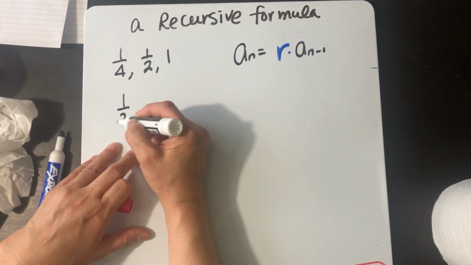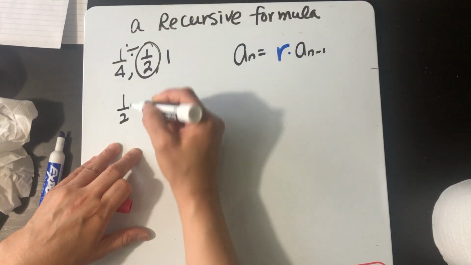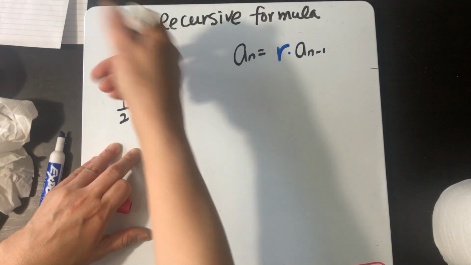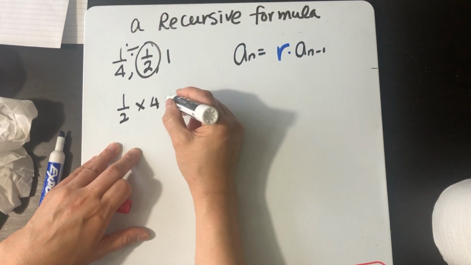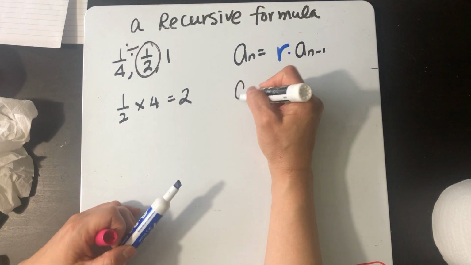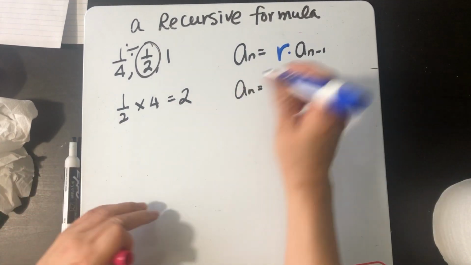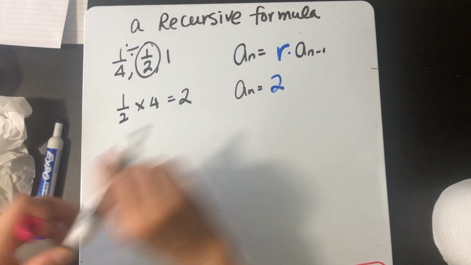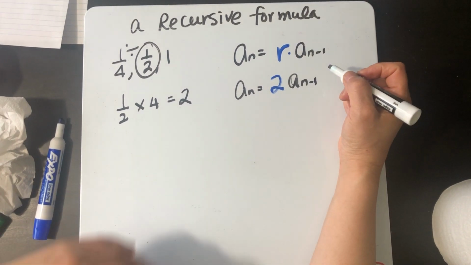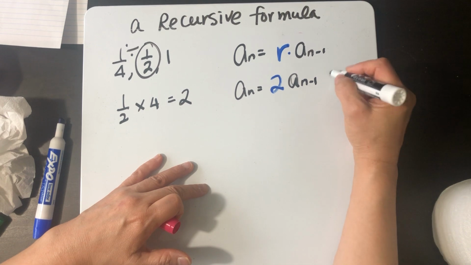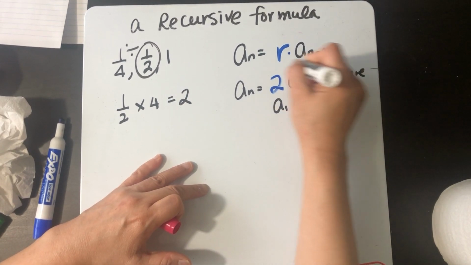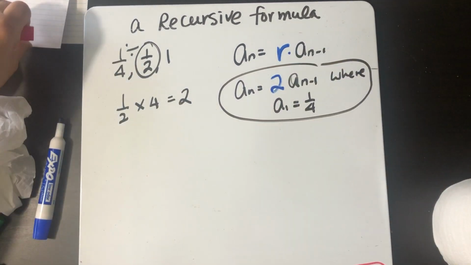That's 1 over 2 divided by 1/4, which is the same thing as times 4. You have to flip it, right? So then this is 2. The ratio is 2. So a sub n is 2 times a sub n minus 1, where a1 is 1 over 4. So this is the complete answer.